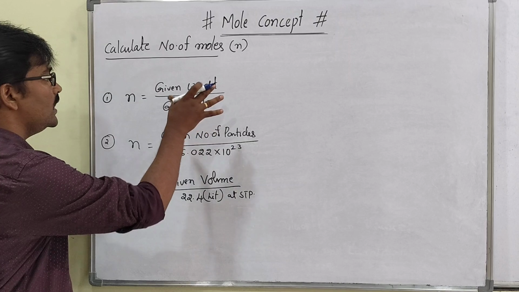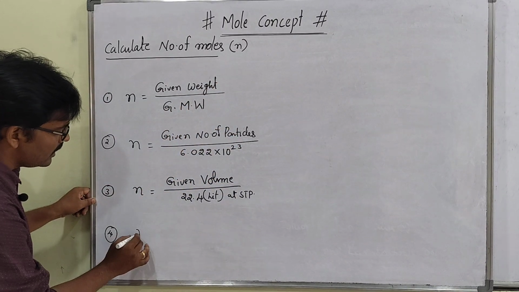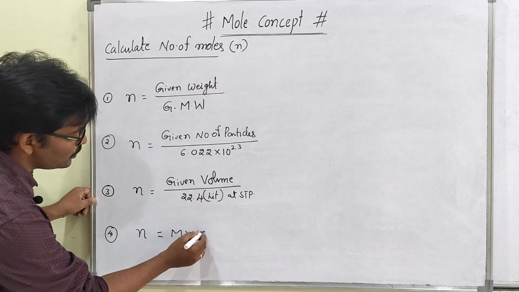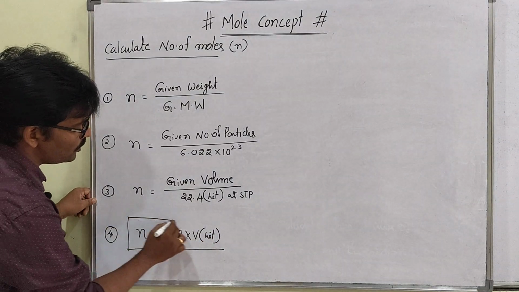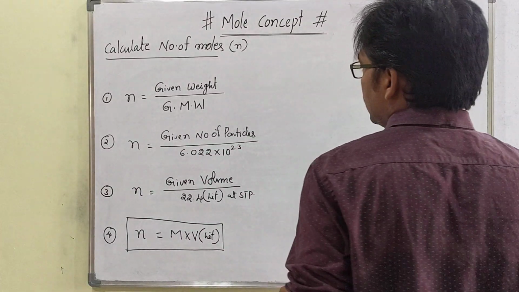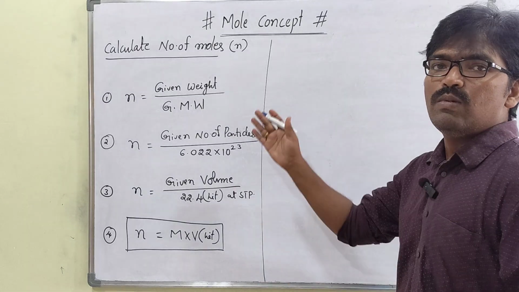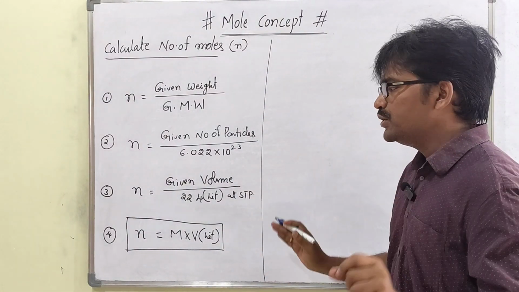Not only the above formulas, one more formula is there: number of moles equals molarity into volume. If you know the molarity and volume, then we can also use number of moles equals molarity into volume. All these formulas can be used to find out the number of moles.